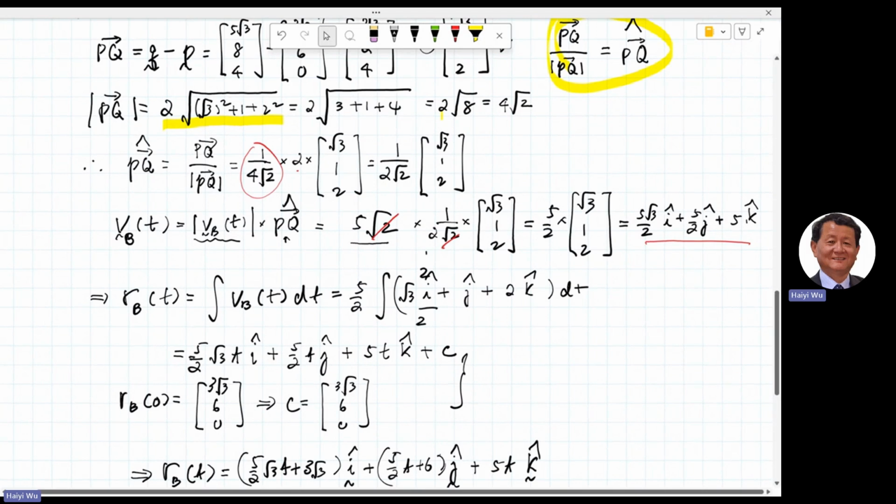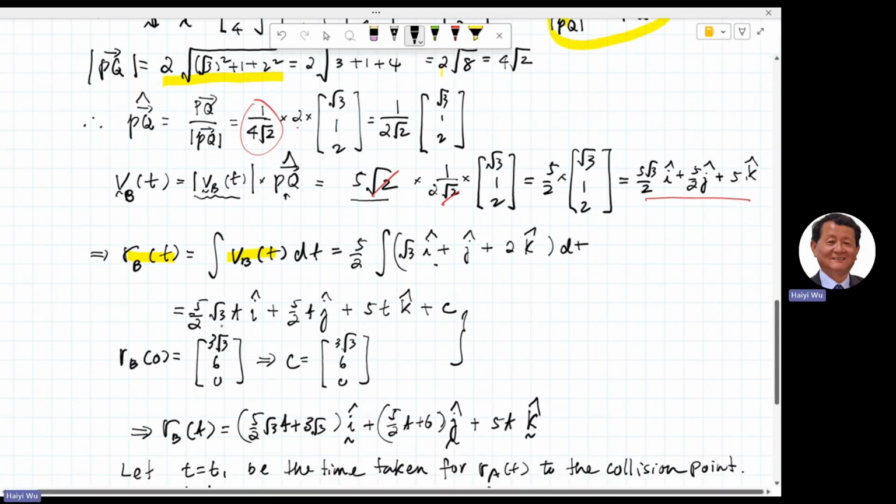Now I'm going to find RB, the displacement vector, using integration. We know the displacement is the integration of the velocity. Take the 5 out to the outside, so you can see. Sorry about some missing parts. We integrate that, so we get 5 over 2 square root 3 t in the i component, then the j component, then the k component.